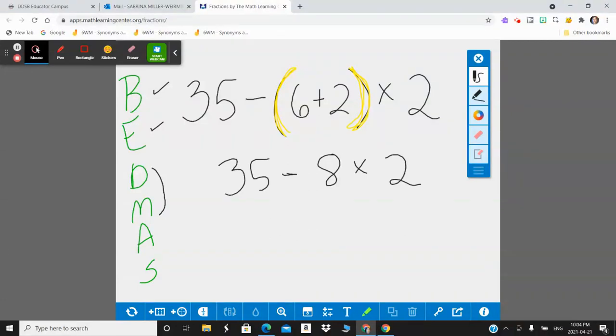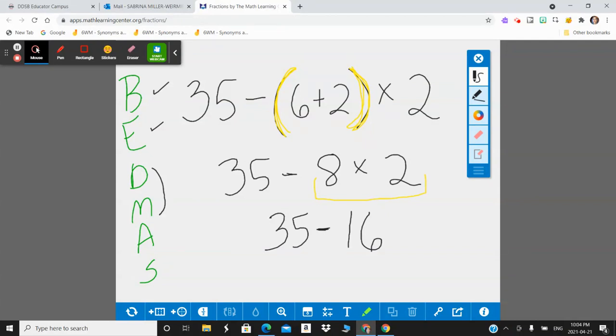So I'm going to start on my left here at 35. Oh, I just found multiplication right here with 8 times 2. So I need to do that. So 8 times 2 is 16. And there's nothing to the right for me to rewrite, but I do need to rewrite that. So it becomes 35 minus 16.